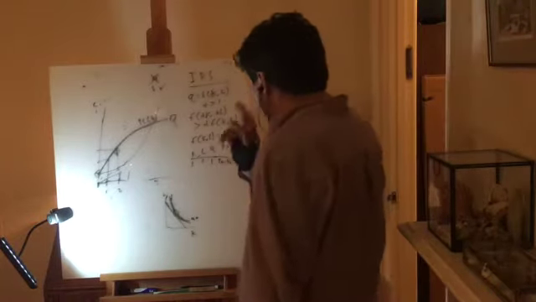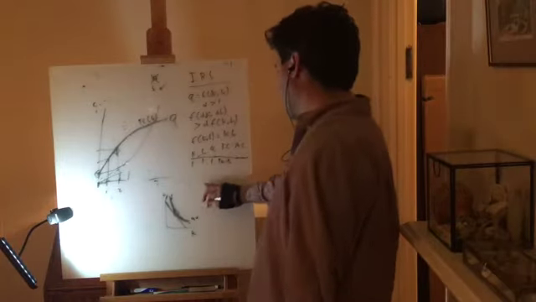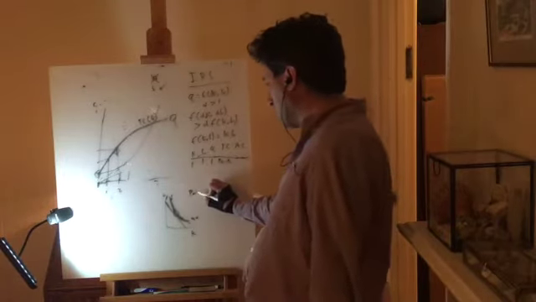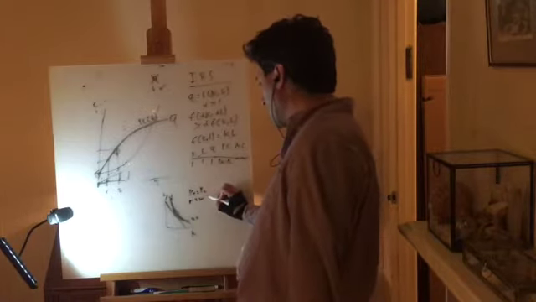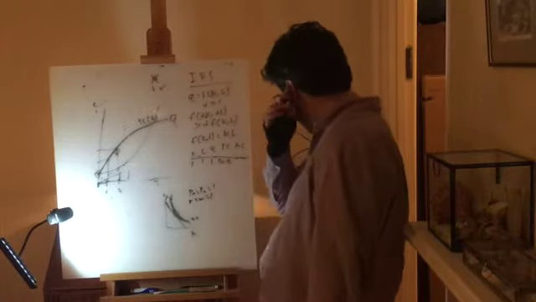Okay, so suppose that the price of capital was equal to the price of labor, or we say the rent and the wage, and suppose that both were equal to 1.